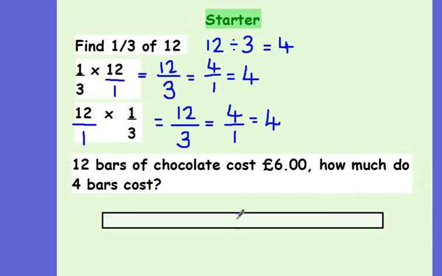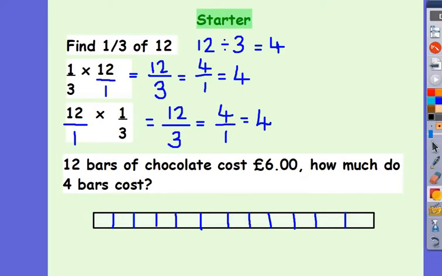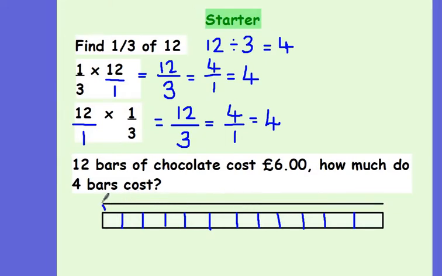If we know that 6, splitting my bar into 12, 1, 2, 3, 4, 5, 6, 7, 8, 9, 10, 11, 12. We know that this whole bar is going to cost me £6.